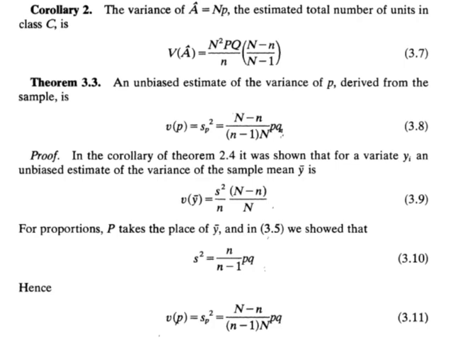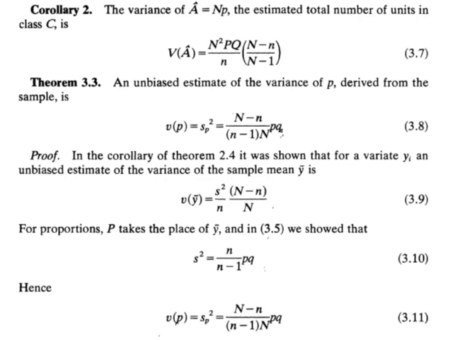We can prove it simply by using the corollary of theorem 2.4, which showed that the sample variance is an unbiased estimate of the variance of the sample mean y bar, where the variance of y bar is equal to S squared over n times N minus n over capital N. So the proportion p takes the place of y bar, and in 3.5 we showed that s squared is equal to n over n minus 1 times p q.